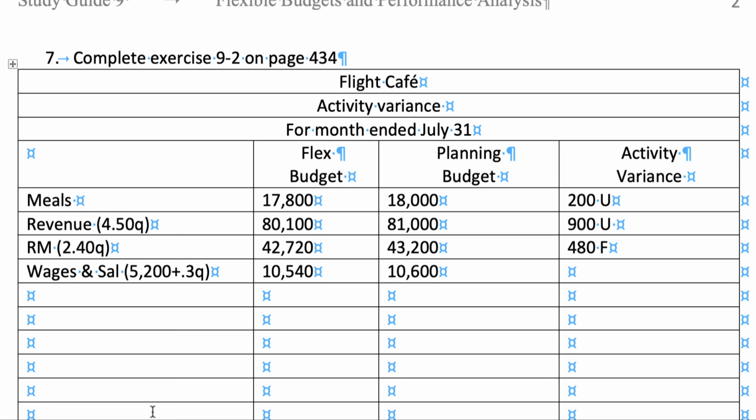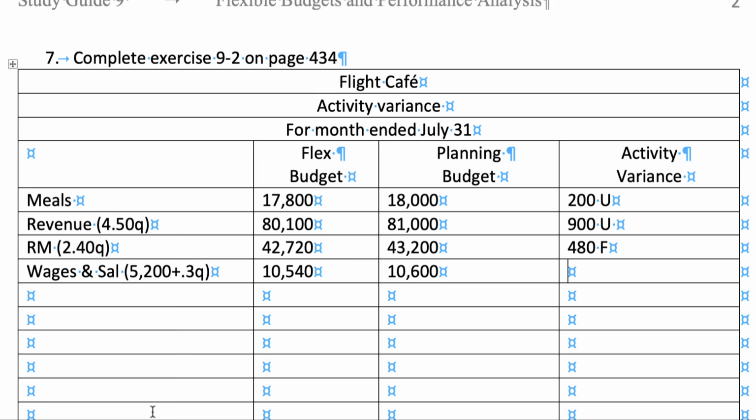The second takeaway from this is twofold. Number one, making sure you know that to calculate the activity variance, we got to use the flex budget and the planning budget. Second thing is being able to recognize, is it favorable or unfavorable, and then going back to the reason why it is unfavorable.